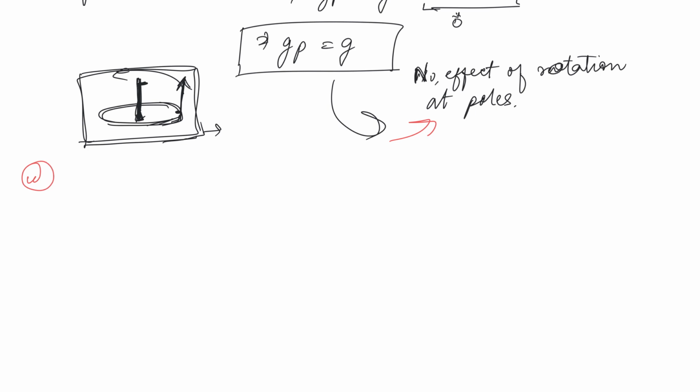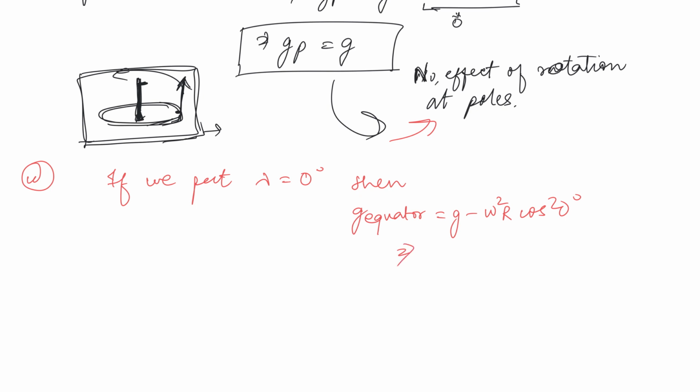Second point, now if we put lambda equals 0 degree, then it is at equator, so g equator will be g minus omega square R cos square 0 degree. So this will be g minus omega square R, g equator.